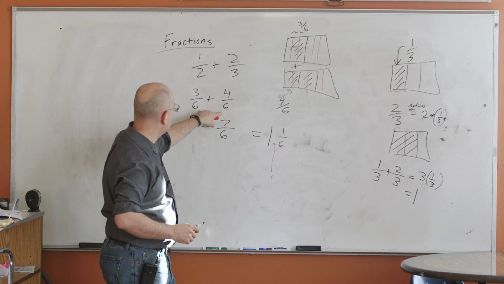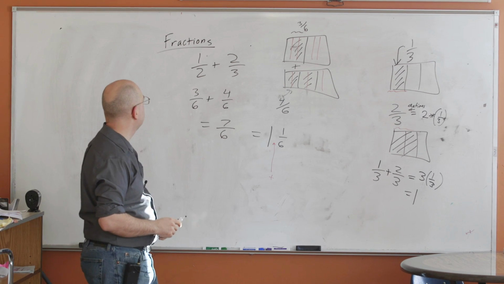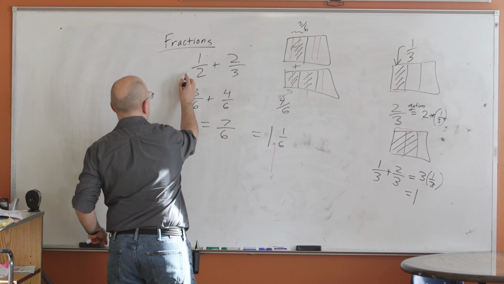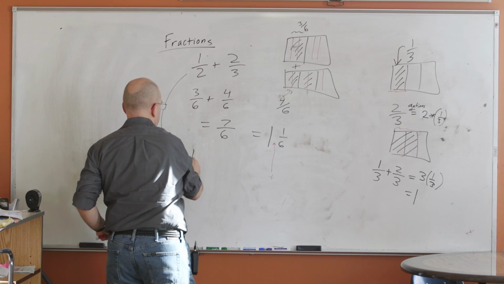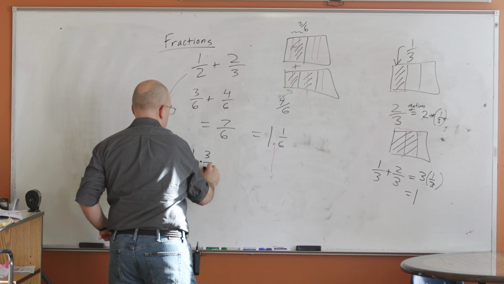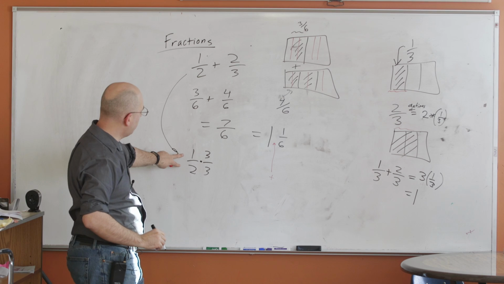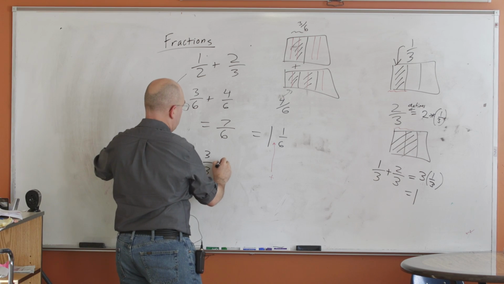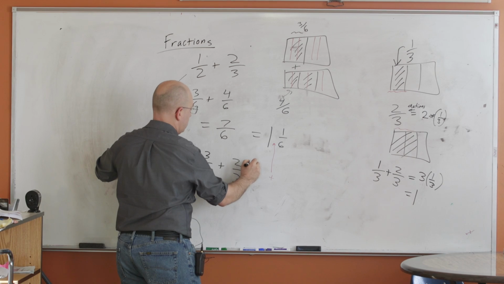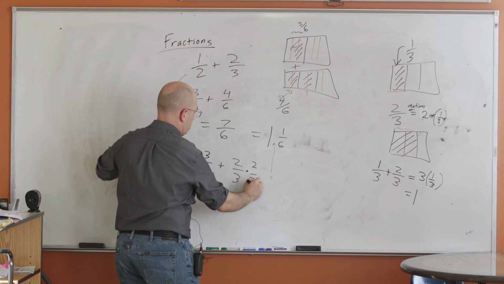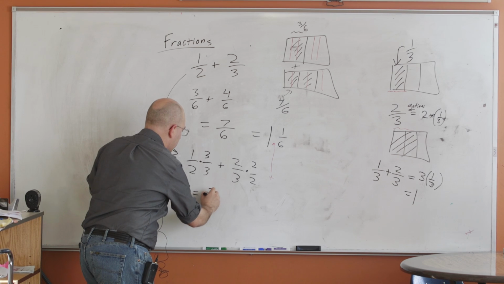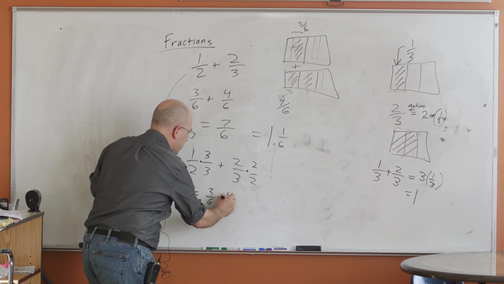So we change it into 6, we add that. And if you look at it, what I did here basically is I multiplied the top and the bottom of 1/2 by 3, and I multiplied the top and bottom of 2/3 by 2, which gave me the 3/6 plus the 4/6.